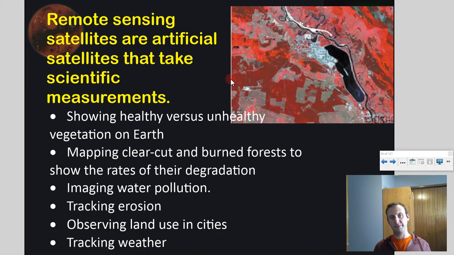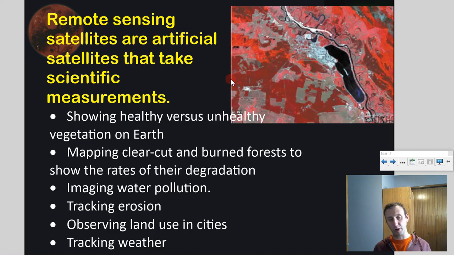So we heavily rely on remote sensing satellites for a lot of our scientific data. They can show many things, like how healthy versus unhealthy vegetation on Earth is, by looking at changes in colors that are occurring. They can map clear-cut and burned forests to show the rate of their degradation. They can even do imaging using sensors to figure out water pollution.